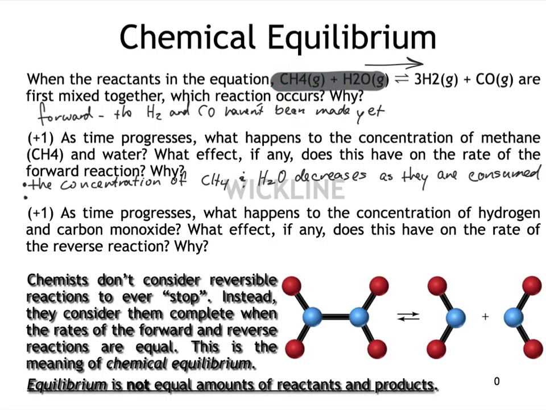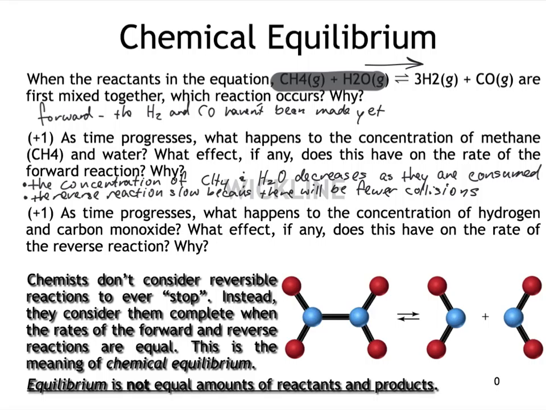The second part of this question asks what effect this would have on the rate of the forward reaction. The forward reaction uses these two substances to make these two. So if the concentration of these two substances is decreasing, then they're going to collide less and less often. And if that's happening, then the speed of this reaction will decrease.